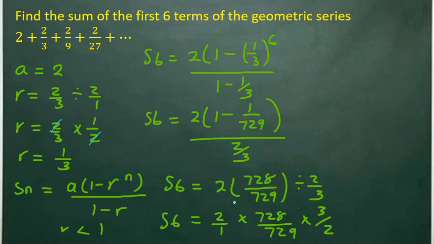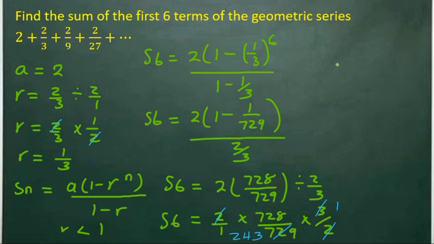All right, let's see if we can eliminate some terms. This 2 and this 2 is gone basically, and 729 divided by 3 will give us 243. So 3 is gone, 1, and 243.